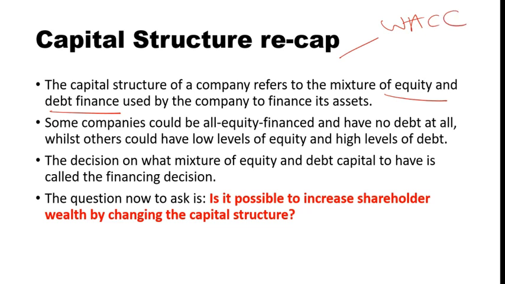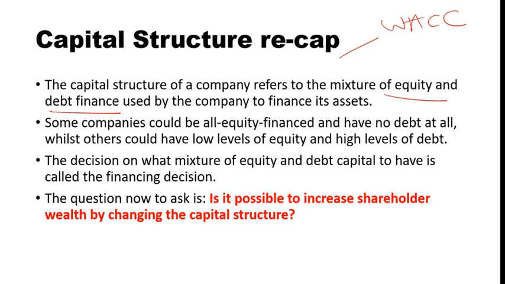All right. So we need now to look at the theories which have to give us the answer as to what should actually happen in order for the wealth of shareholders to be increased. So when we are looking at the capital structure now, we will be looking at what motivates managers to have a certain level of gearing.